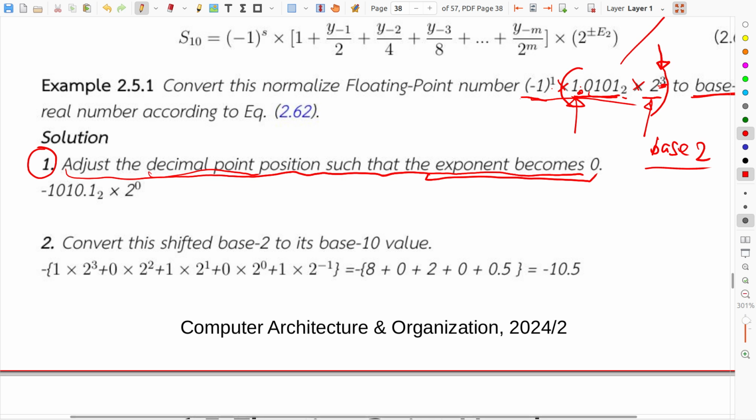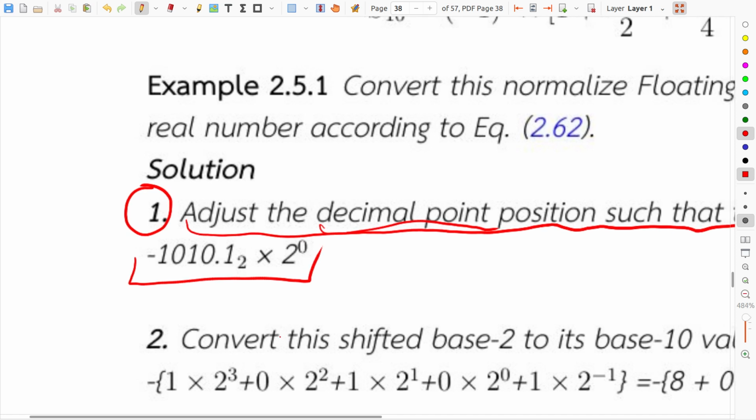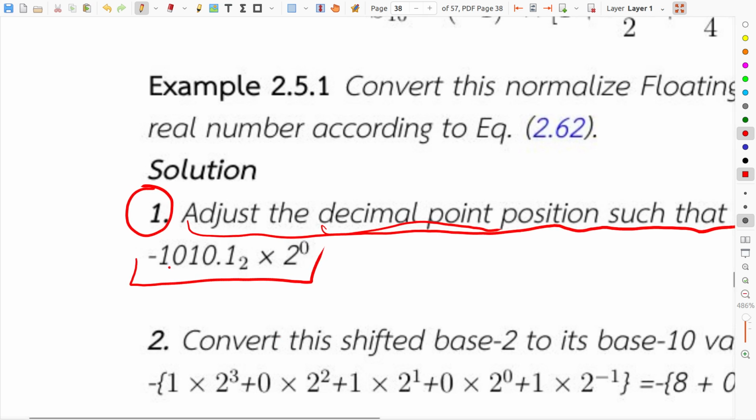It should be shifted right, 1, 2, 3, 3 times, to make it minus 3. So 3 plus minus 3 will be 0. Like this, if we shift 1, 2, 3, the exponent becomes 0.